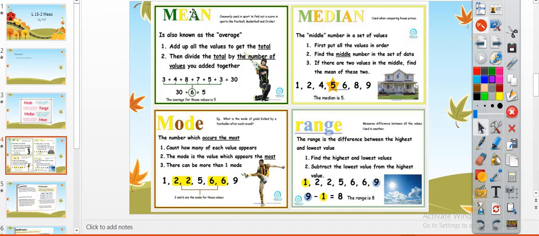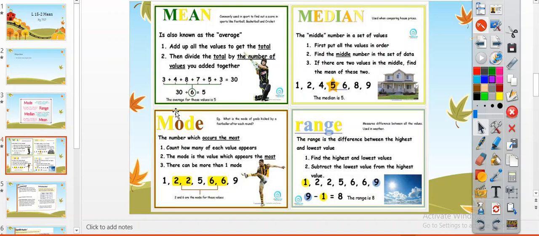So when we say what is the mean, or we can say what is the average, it is to add up all the numbers together to then find the total. After you finish, you're going to divide the total number by the number of values you have. So you have 1, 2, 3, 4, 5, 6.